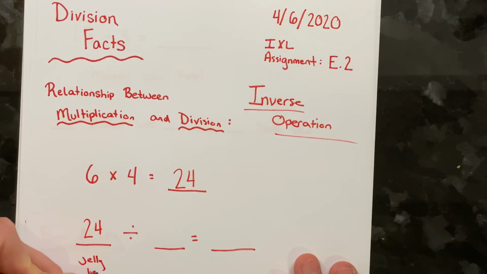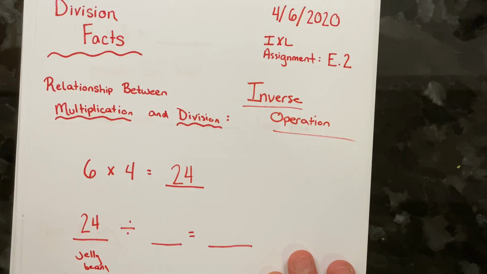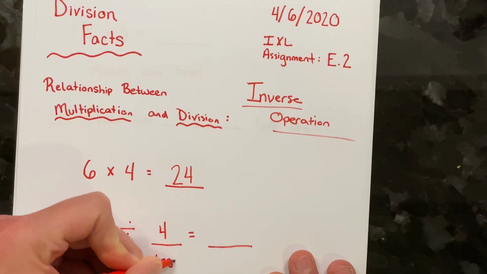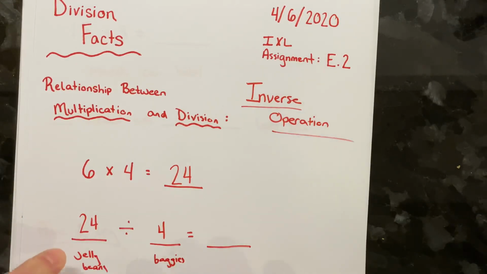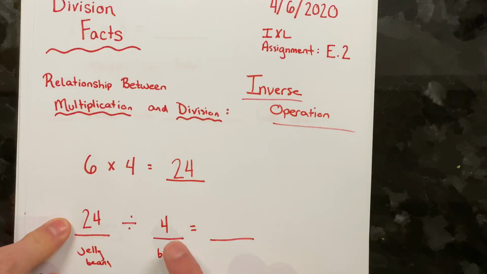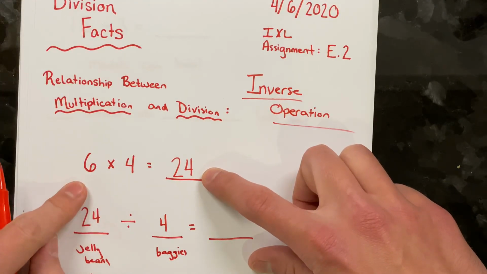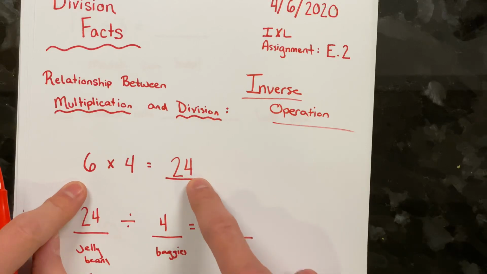I'm on a big jelly beans kick. I've got 24 jelly beans, and I want to put them into 4 baggies. So I've got a total of 24 jelly beans, and I'm going to put them in 4 even baggies. Well, I can use my multiplication facts to know, hey, 6 times 4 is 24.